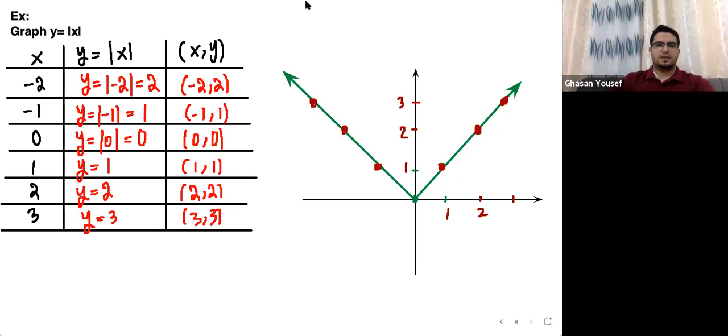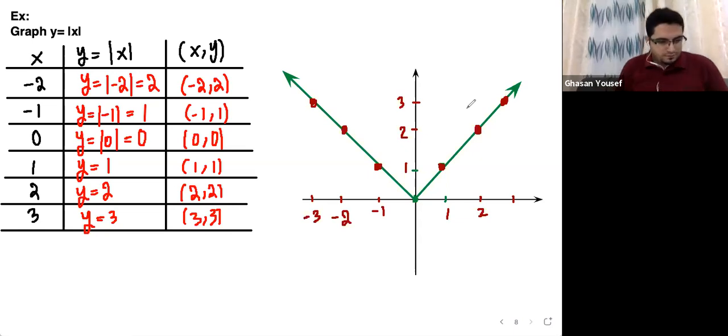So again, the points here are -1, -2. The negative should be in front. -1, -2, and this is -3. This is the graph of the absolute value. Any question for this example? Makes sense?